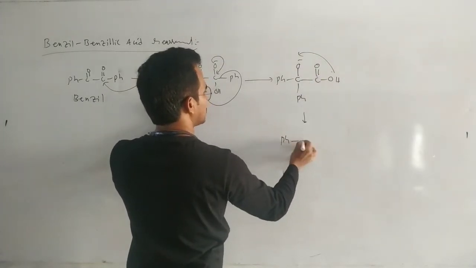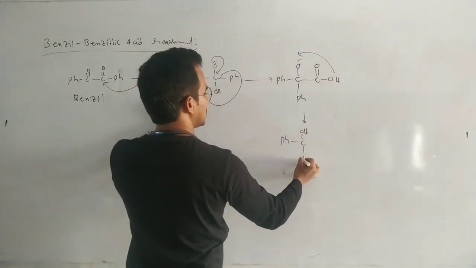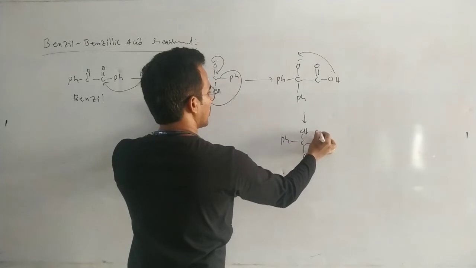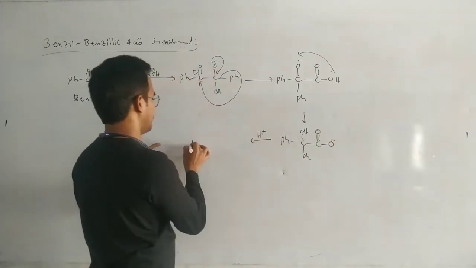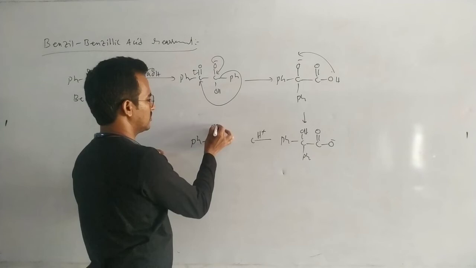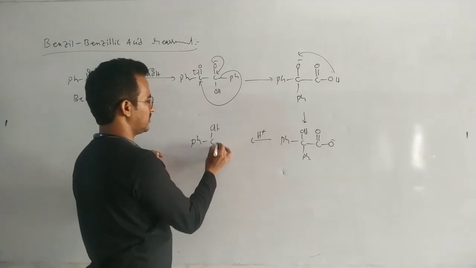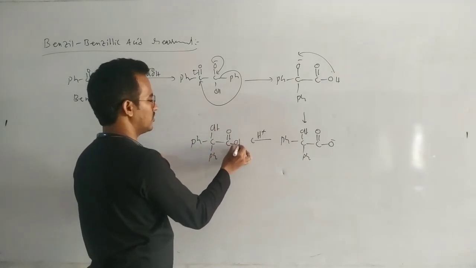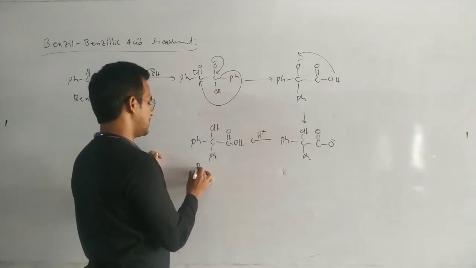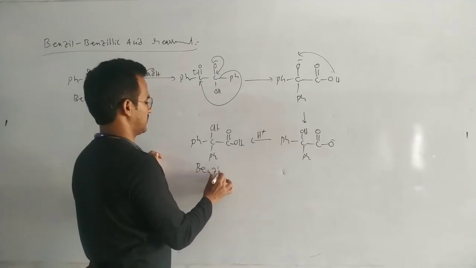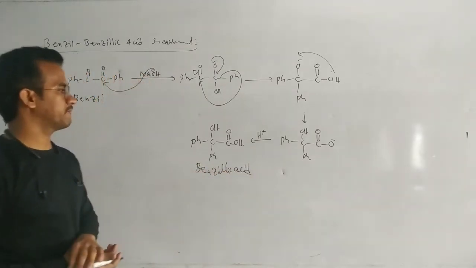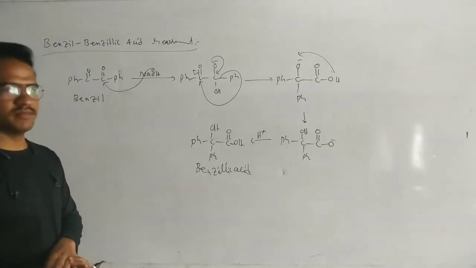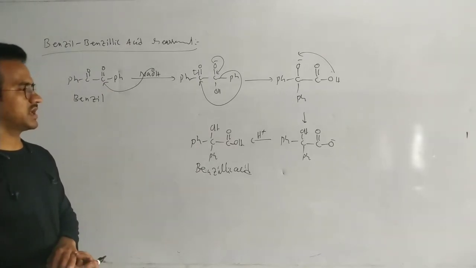Proton is transferred: Ph OH here, and here Ph, double bond O minus. And this one on acid workup gives Ph, OH, and Ph, double bond O, OH. This is benzilic acid. Okay, that is the product of this reaction.